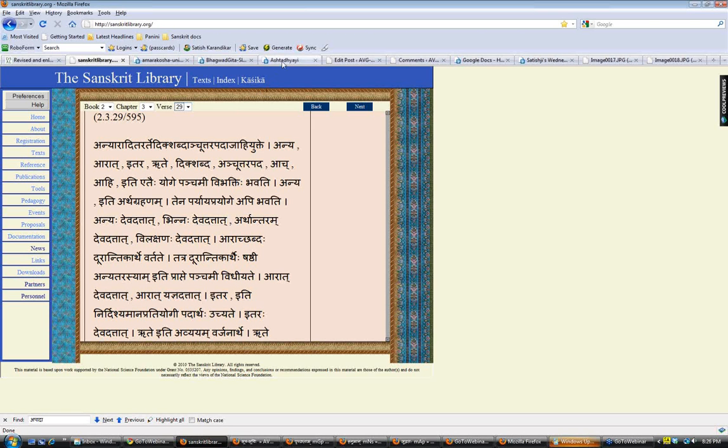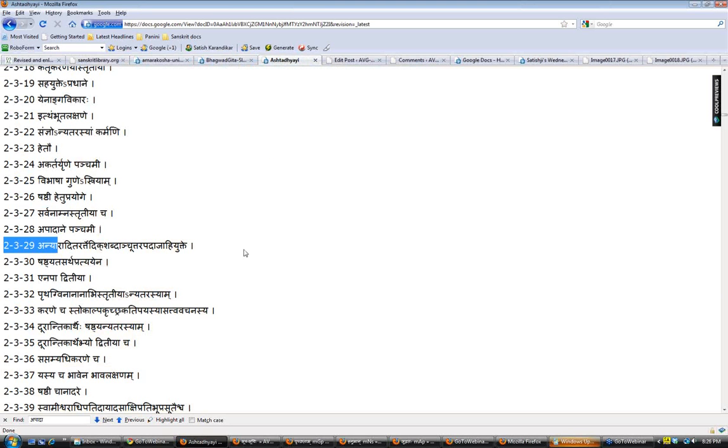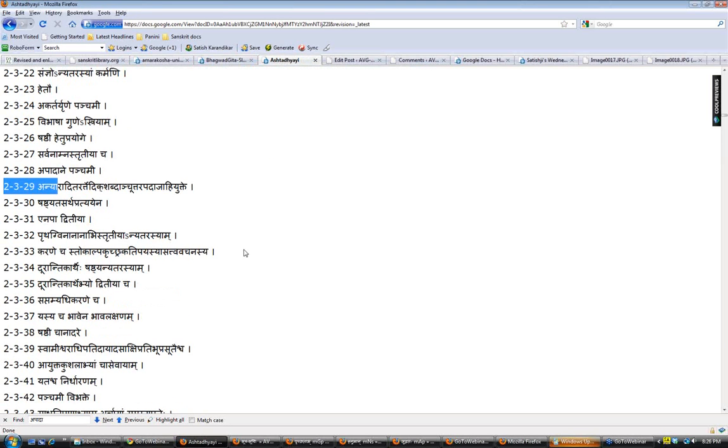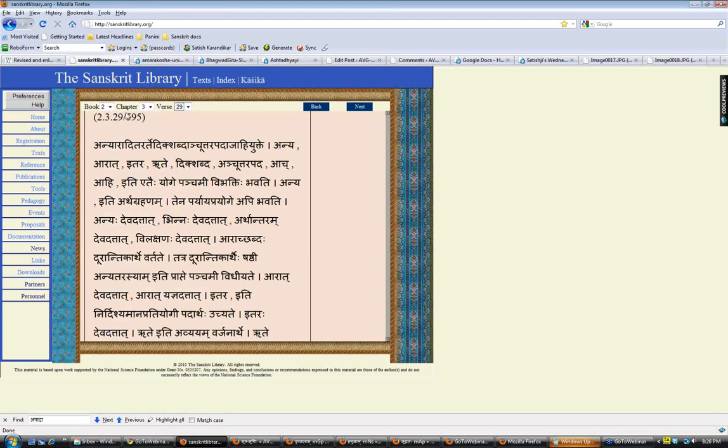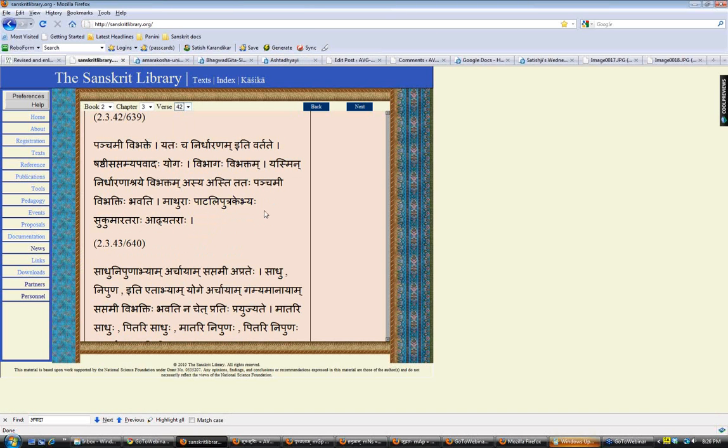So, just to give you one more example, then we'll move on. In fact, talking about mattah parataram nanyat, we are looking at this, and this one is panchami vibhakti, so than me. We all looked at, I think last class, 2-3-42. 2-3-42 is that it's compared with two groups. When they compare than, so yatash nirdharanam.